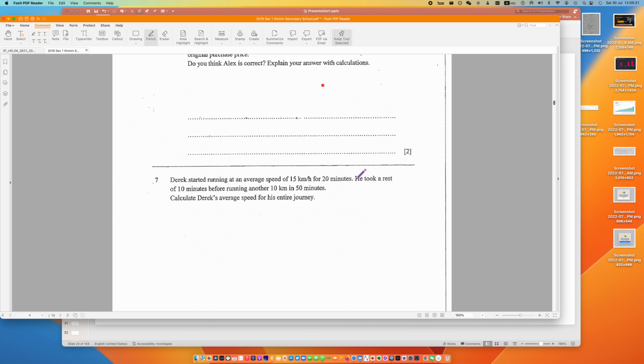You see once again, they give you kilometer, hour and minute again. Hold on, it doesn't make sense for you to use 10 divided by 50.